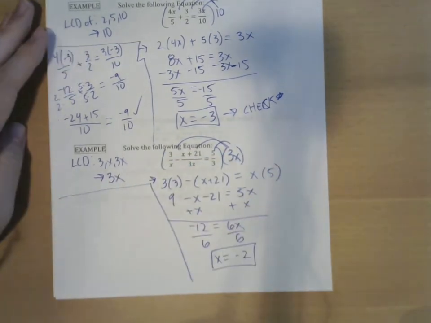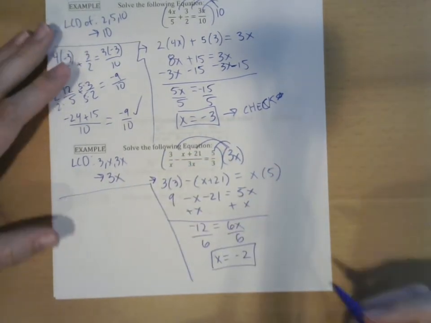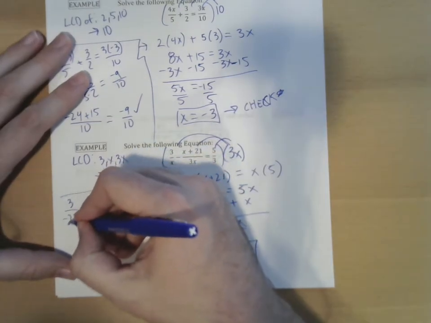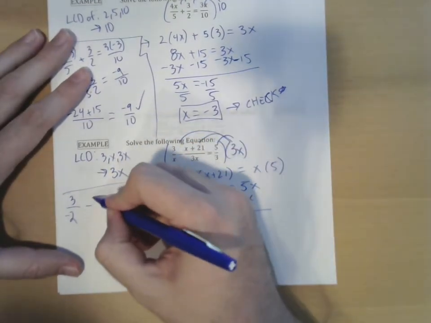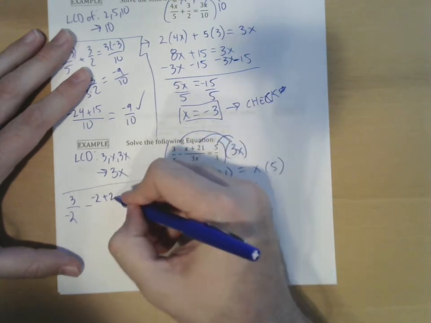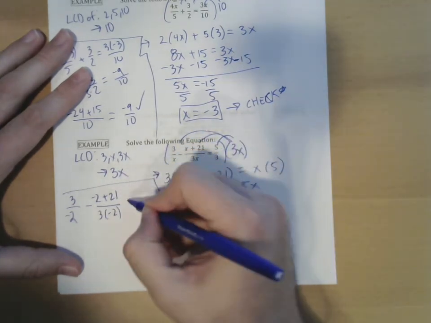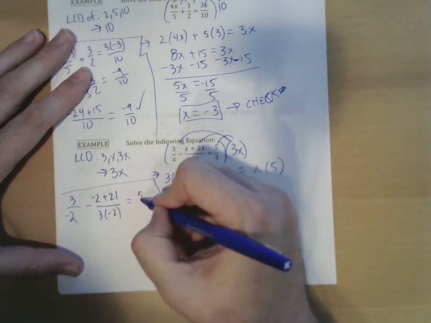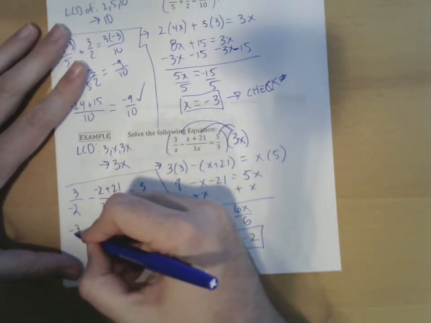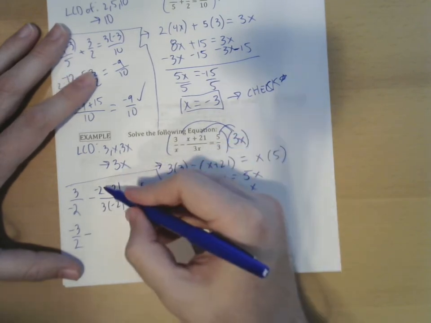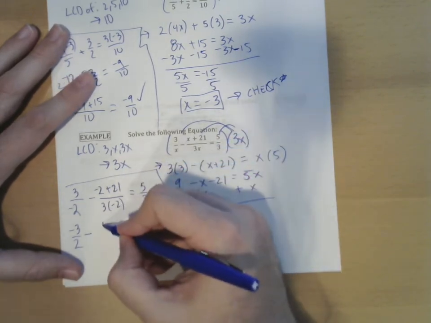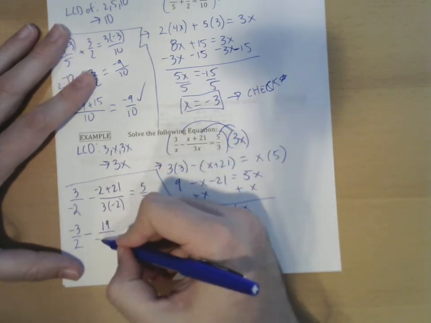But we're not done because we need to do a check really quick. So 3 over negative 2 minus negative 2 plus 21 over 3 times negative 2 should equal 5 over 3. So this is negative 3 over 2 minus negative 2 plus 21, which is positive 19 over negative 6.